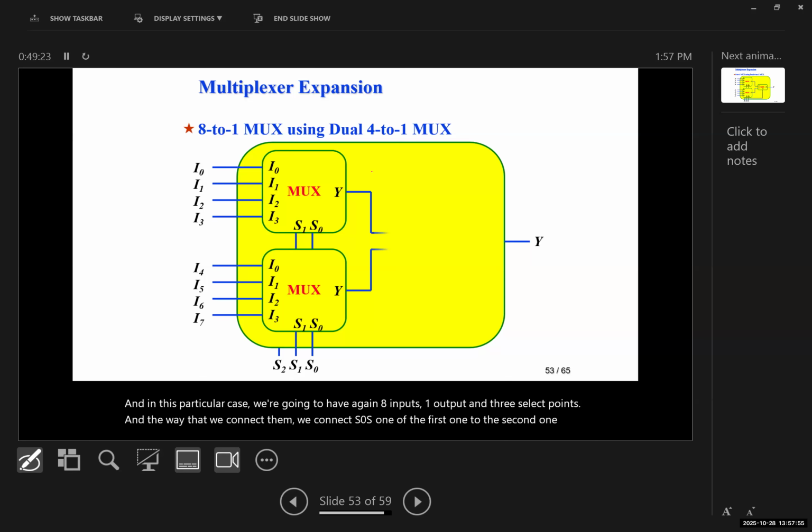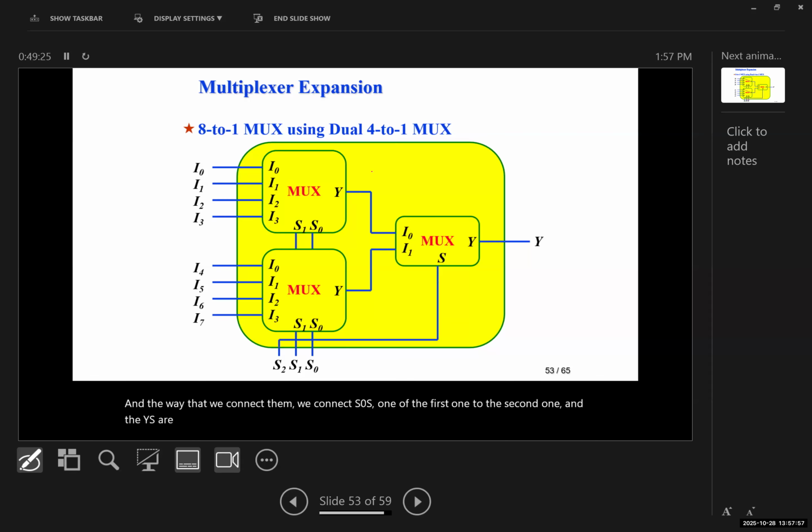And the Ys are connected through a 2-to-1 multiplexer. And the output of that is going to be our output. And the S from that is going to be S2. So having 2 4-to-1 and 1 2-to-1 multiplexer, we can have an 8-to-1 multiplexer.